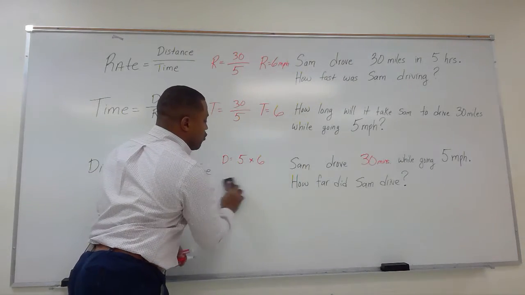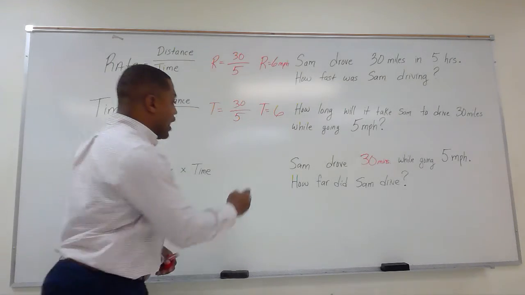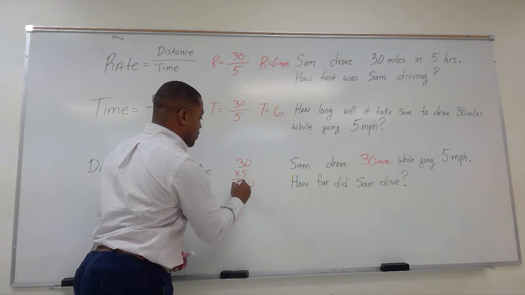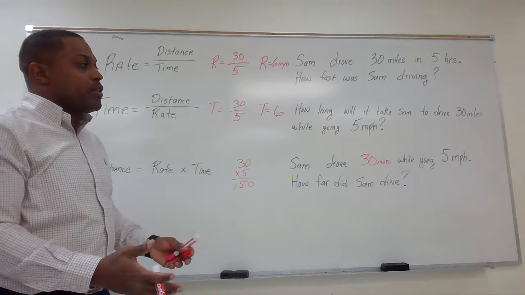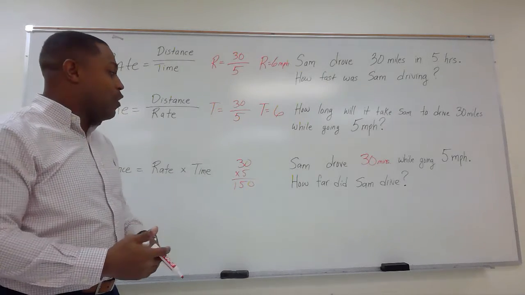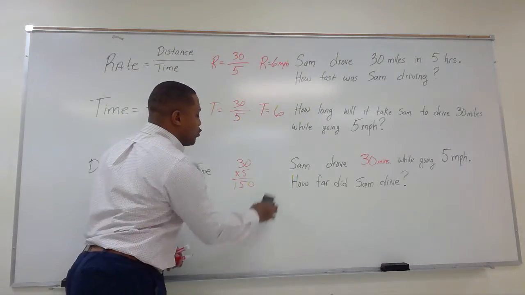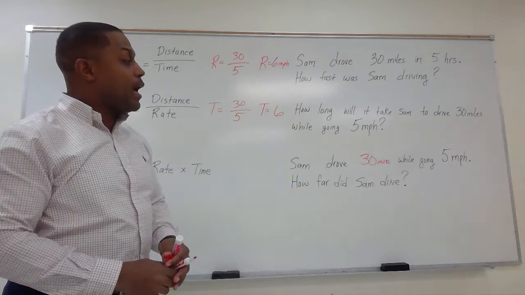Well, the thing is, we're not going to do 30 times 5, because if you drove 5 miles an hour for even less than 1 hour, you're not going to travel 150 miles. So what we're going to do is convert this 30 minutes into hours.